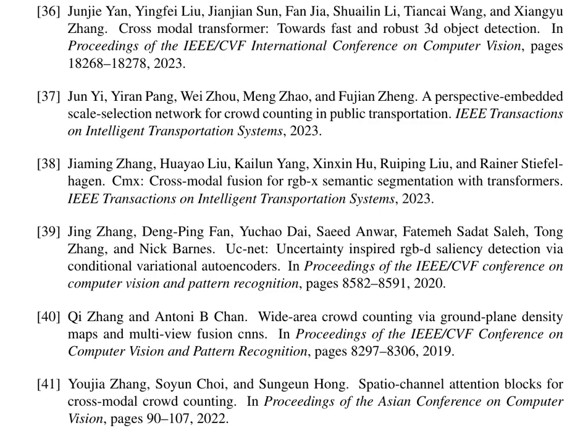Additionally, it highlights recent advances in perspective-embedded scale selection networks for crowd counting in public transportation, cross-modal fusion for RGBX semantic segmentation, and uncertainty-inspired RGB-D saliency detection. The authors discuss the strengths, limitations, and potential applications of these methodologies, aiming to provide insights into the development of more accurate and efficient multimodal crowd counting systems.